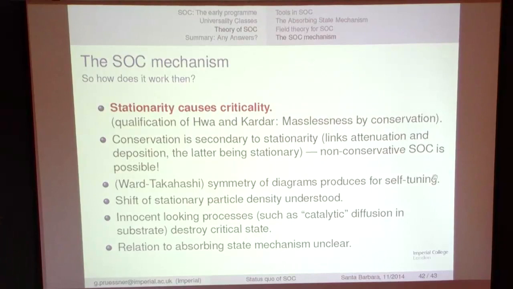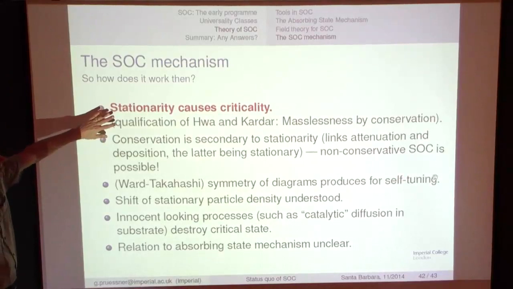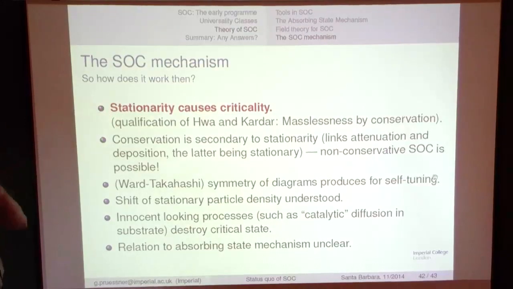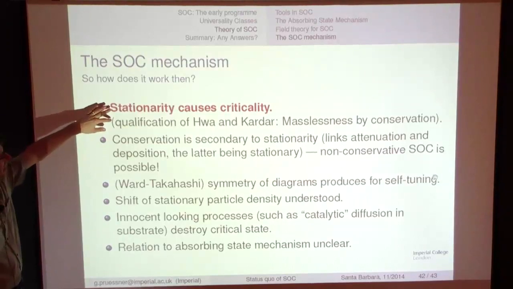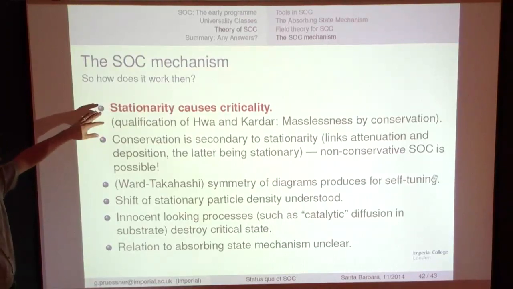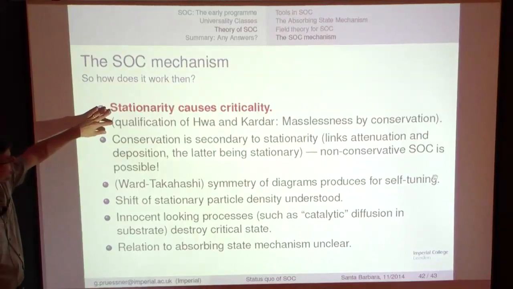Okay, so very briefly, Hwa-Kardar initially said masslessness comes about by conservation, and I say, well, stationarity brings about masslessness. There is a link, obviously, between the two if you've got bulk conservation, because then stationarity corresponds to conservation.